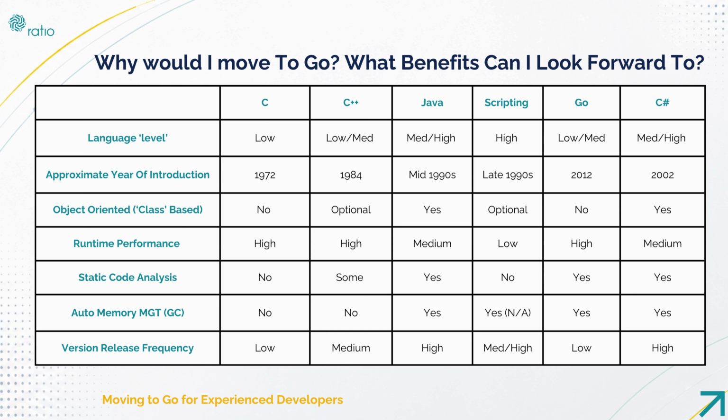However, not only do you get runtime performance that's far better than you get with scripting languages and generally Java and to a large degree C# as well, but you also get static code analysis from the compiler.